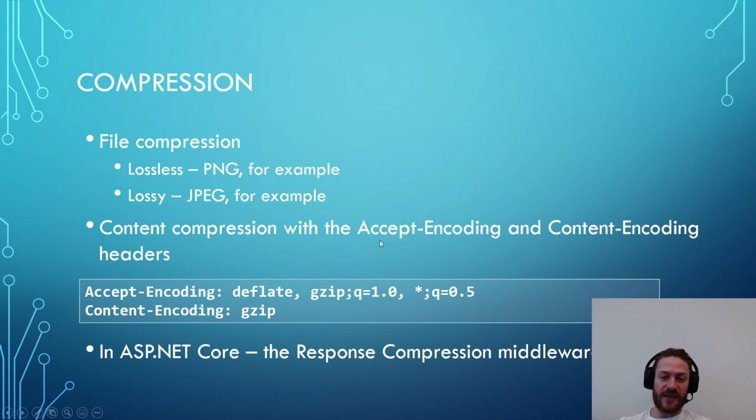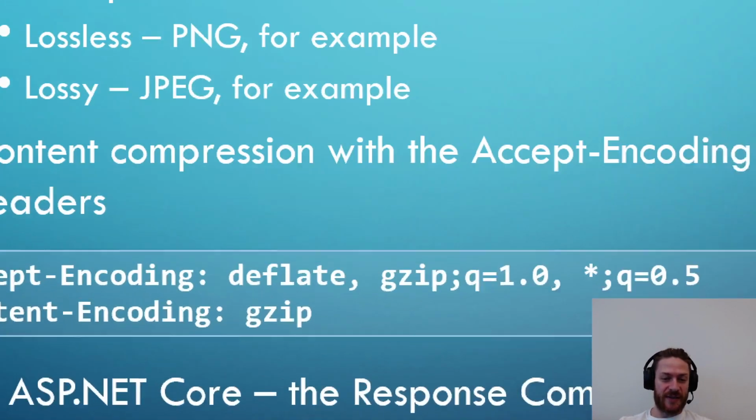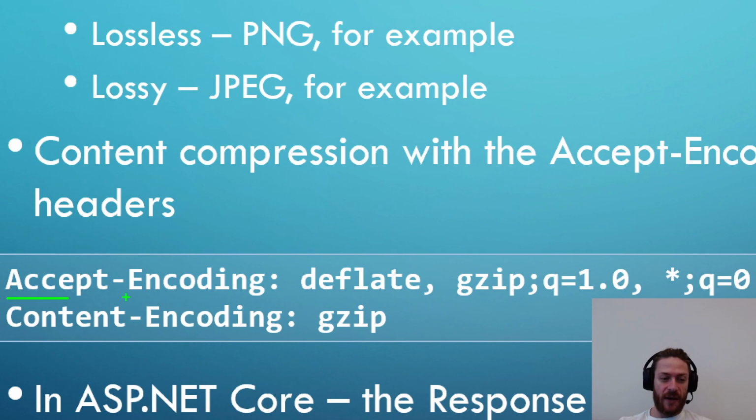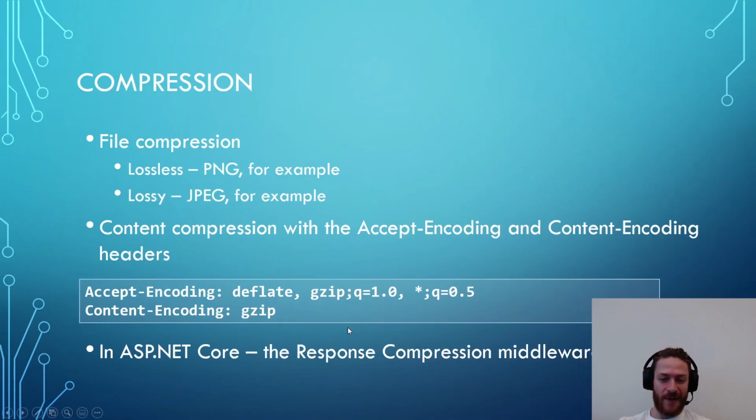And you can use Accept-Encoding and Content-Encoding to compress or not compress the content. So if the browser sends Accept-Encoding, it will say what kind of algorithm it supports. And for example, the browser may say, I support gzip. So the server may return the response by specifying Content-Encoding of this response is gzip.